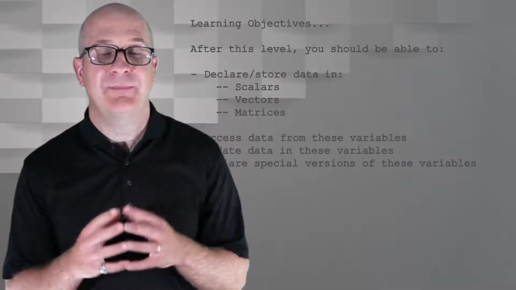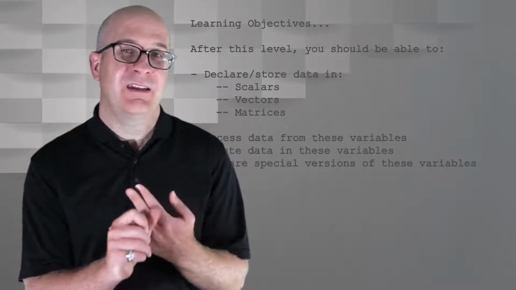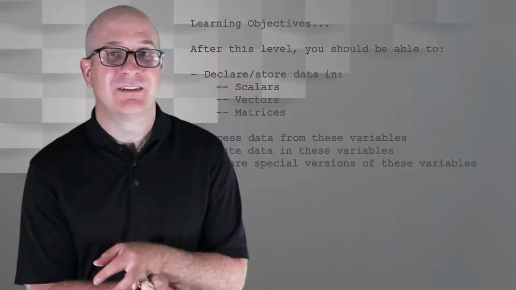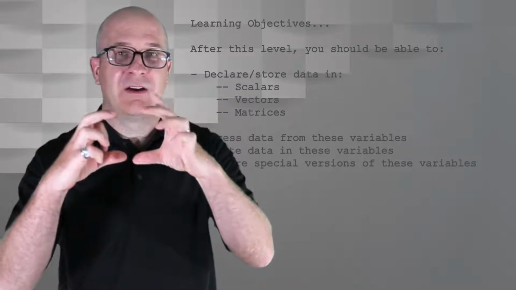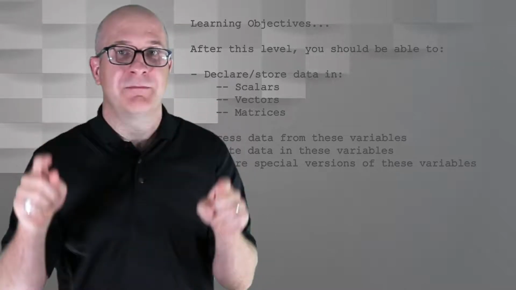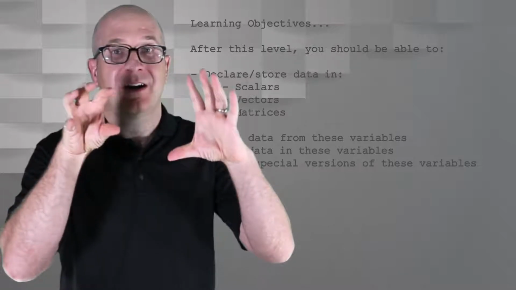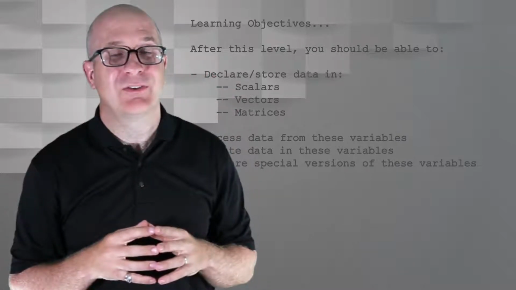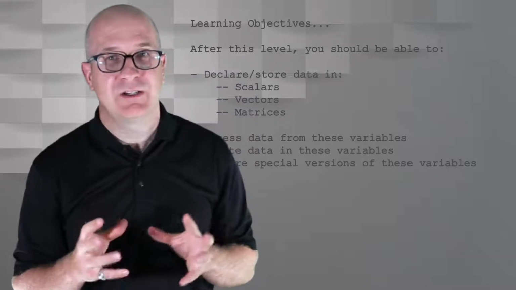Can you update the data in a scalar? Can you update the data in every other entry of a vector? Can you update a square of entries in the middle of a matrix, a 2x2 block within a larger matrix? See if you can think through those. Those would be really good practices.